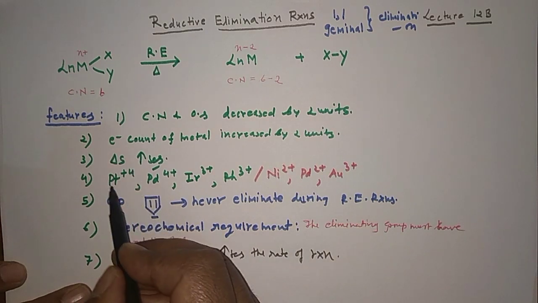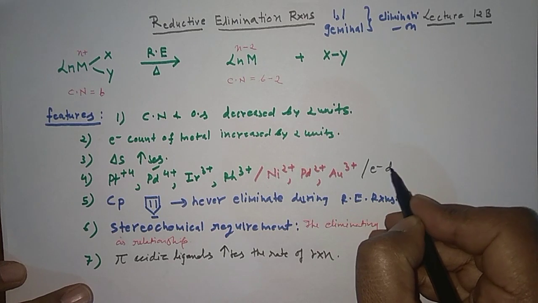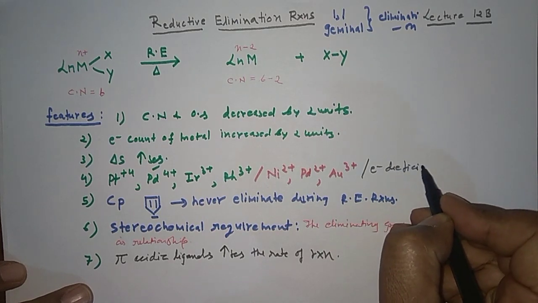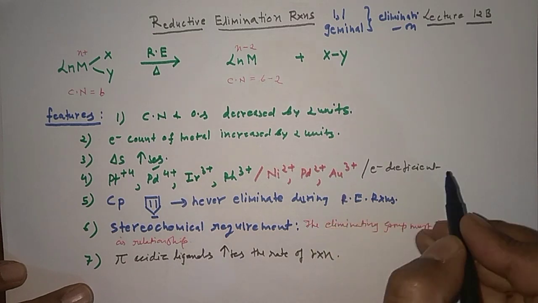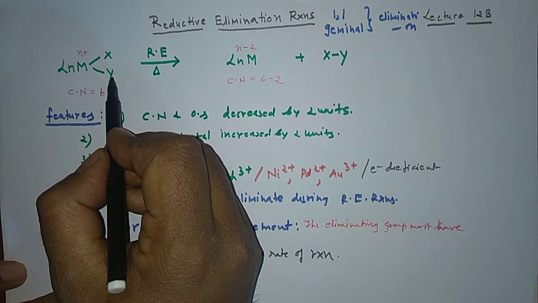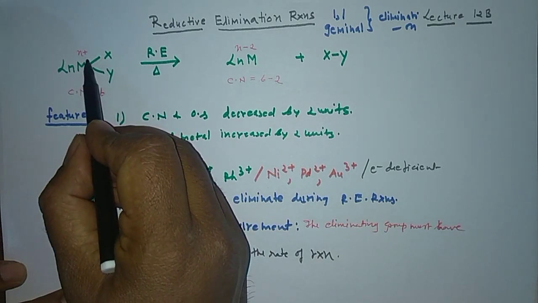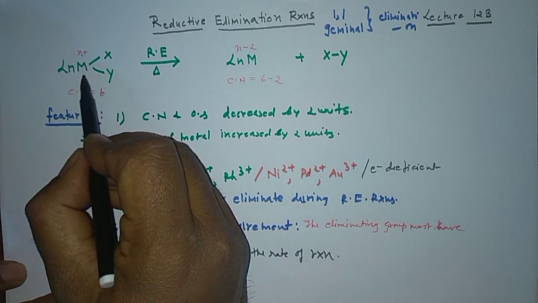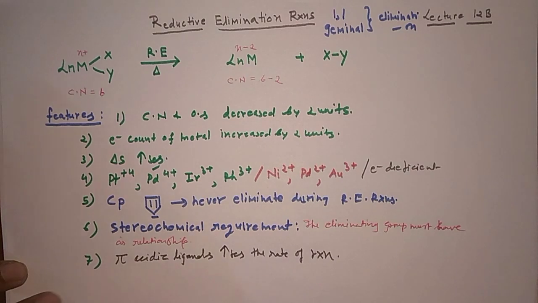However, it is obvious when metals are in higher oxidation state, they will be electron deficient. So when pi acceptor ligands are there, they will accept the electron pair from the metal, right, and make this metal electron deficient. So the rate of the reductive elimination increases. This is something very, very important.